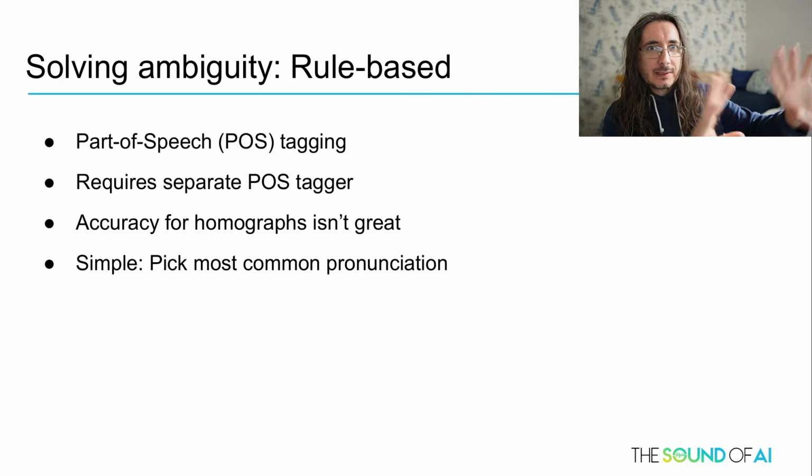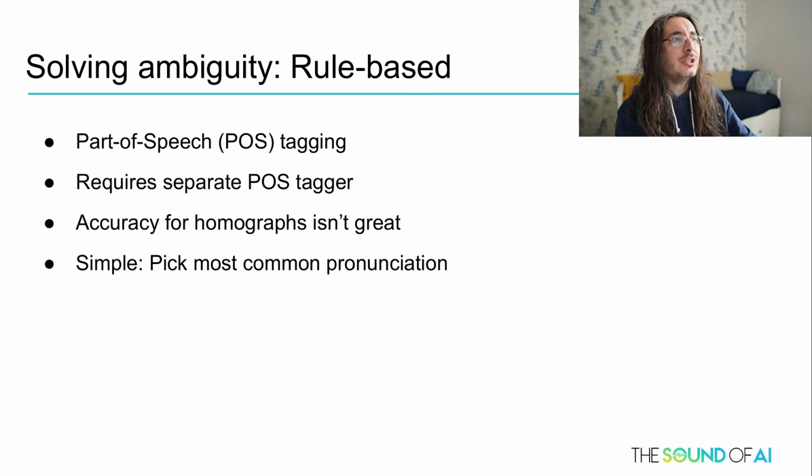So yeah, this is potentially a solution, or at least an initial heuristic that you could use to solve ambiguity with a rule-based G2P. But there may be a better way of doing this.